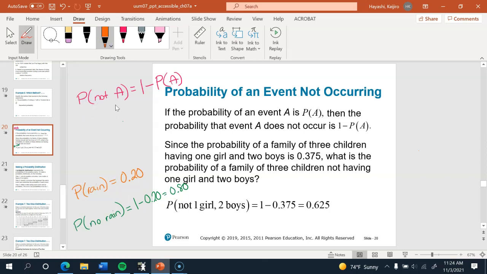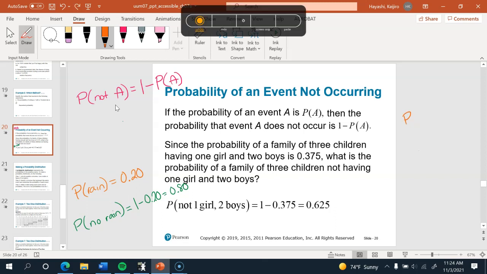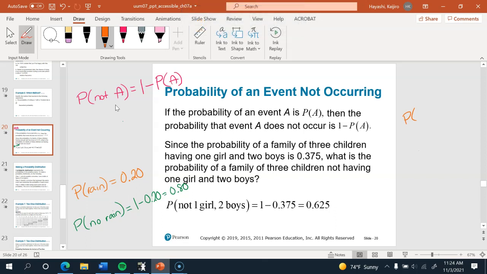Another example would be, let's say the probability of dying in a plane crash is, it is less than driving a car actually.